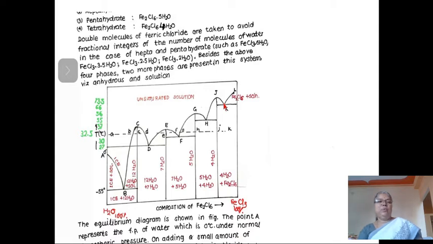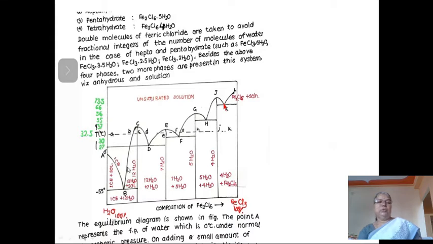And all of you know the four hydrates that are formed: dodecahydrate, heptahydrate, pentahydrate and tetrahydrate.